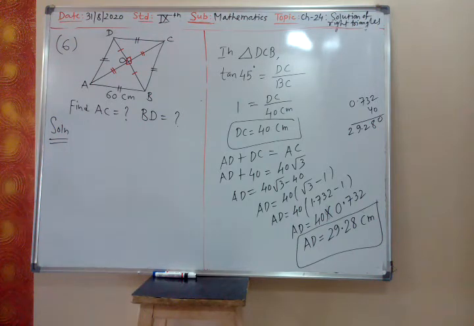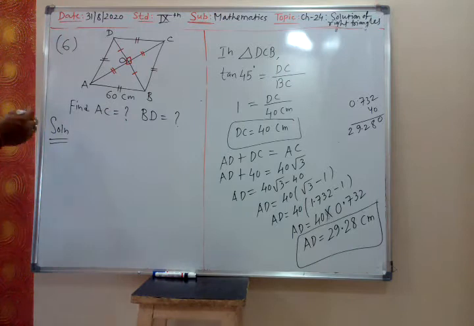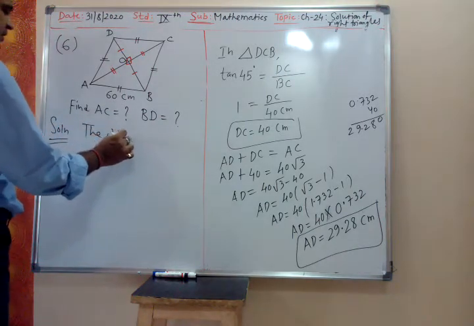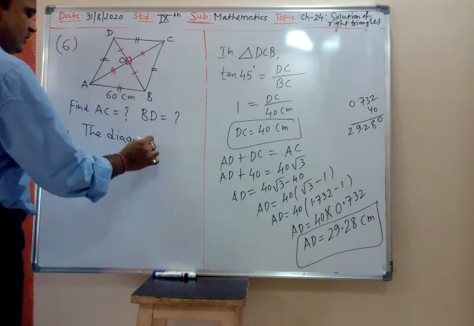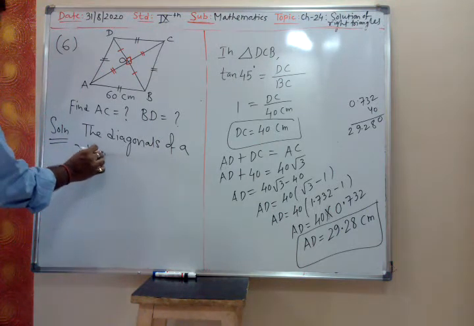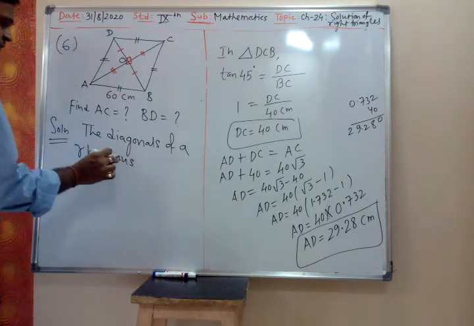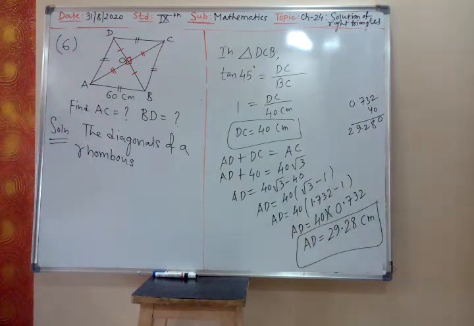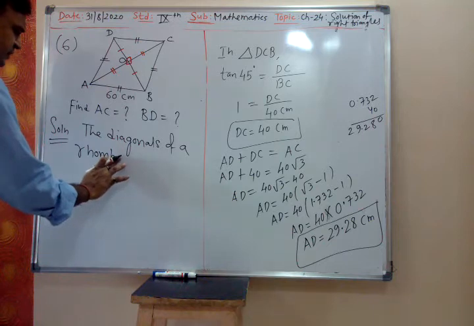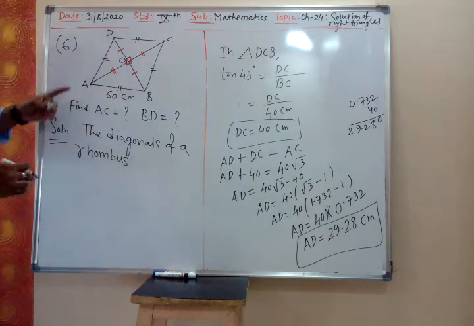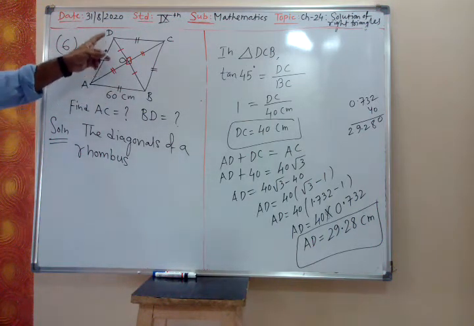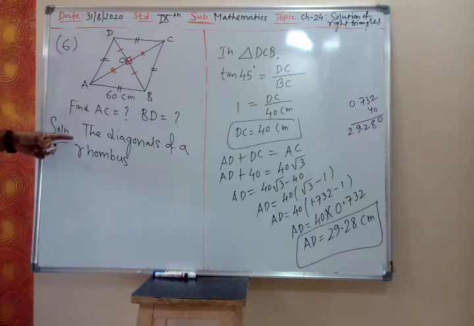So write this result: the diagonals of a rhombus need not be the same. AC and BD need not be the same. What I am telling is they are perpendicular bisectors of each other.